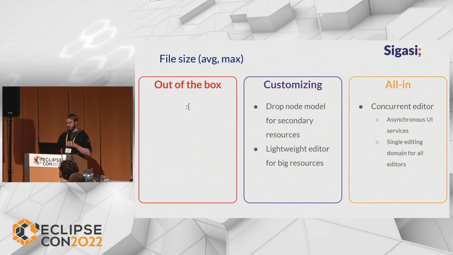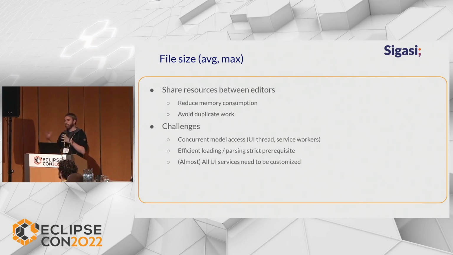One thing I didn't mention here is that when we moved to this new editor compiler, instead of the default Xtext behavior of having a resource set for each editor, where each editor lives in its own universe, we've started sharing the resources between all editors. That requires quite a bit of dealing with concurrency and threading and nasty things, but it does reduce memory consumption, and it also reduces duplicate work.